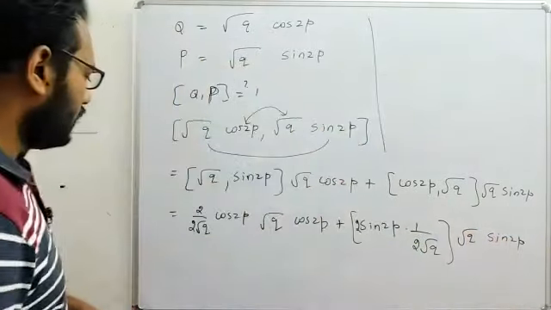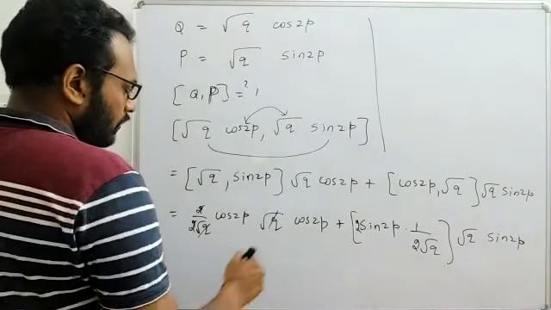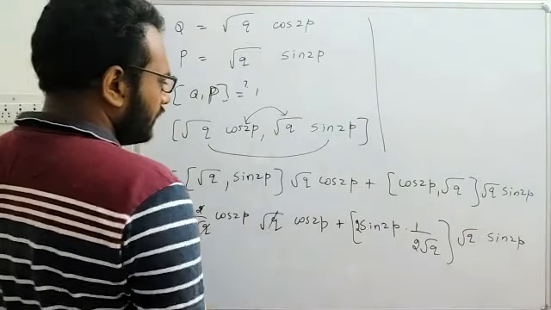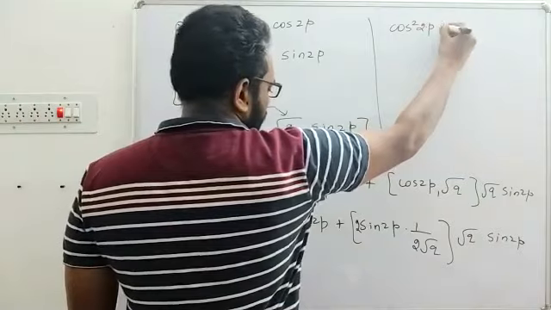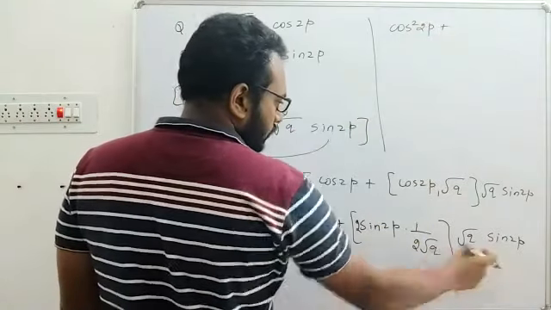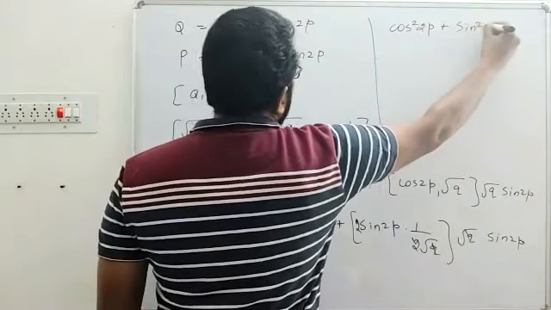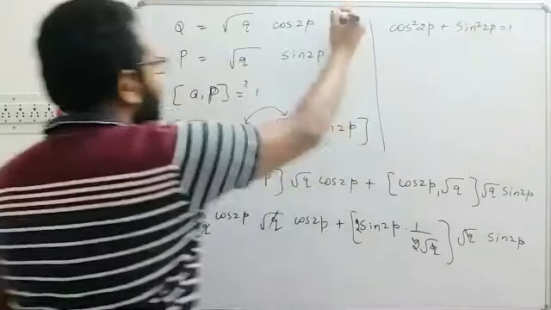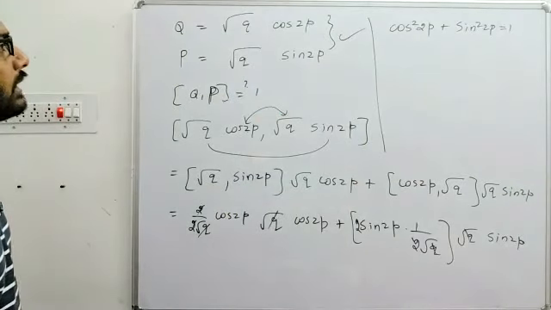Now this becomes cos 2p cos 2p, that's cos square 2p. Am I right? Plus sine 2p sine 2p, that is sine square 2p. That's equal to 1. So this transformation is canonical. It is a canonical transformation.